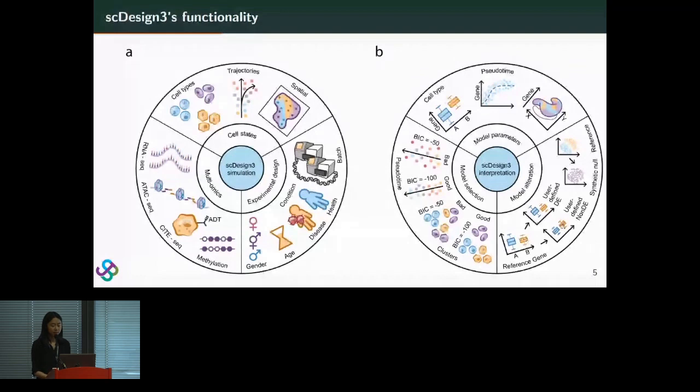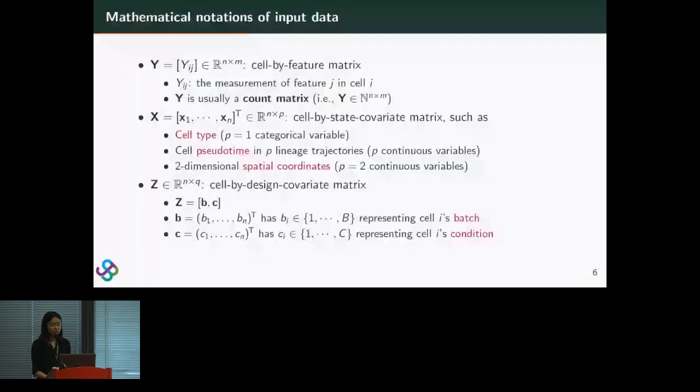So specifically, what's the method? I used the following notations. This is a technical part. I denote Yij as the measurement of feature j in cell i. Feature j could be a gene, and this Yij is usually a count. The second matrix is the cell by state covariate matrix. So here, this is the first set of covariates we're interested in.